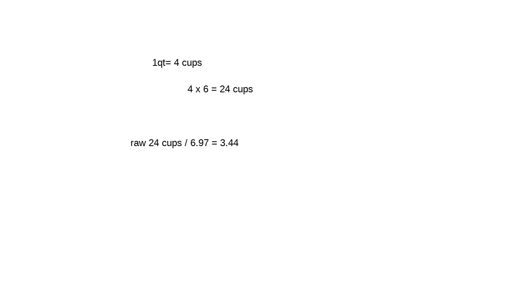But does everybody see how this is the formula that you're using to determine dry as purchased weight, basically? You're taking the raw number of cups, dividing it by the yield of cooked cups. And that's what gives you the AP raw weight. Did everybody follow that? Yes.